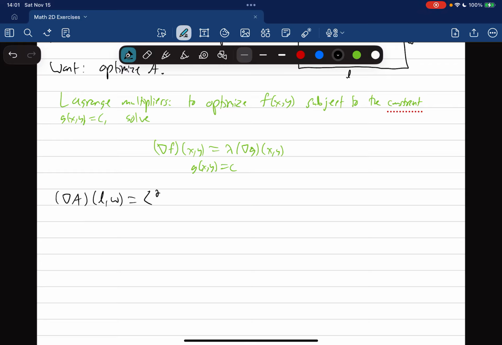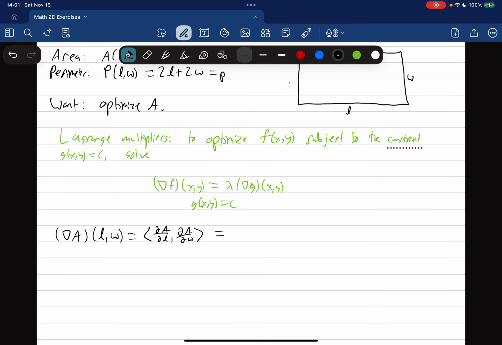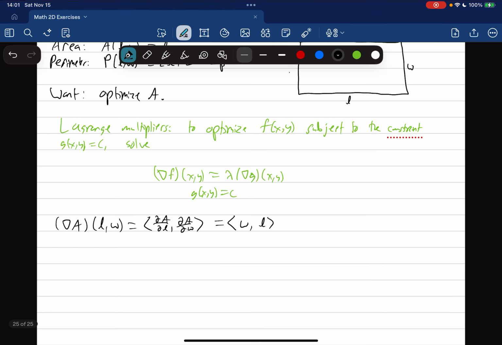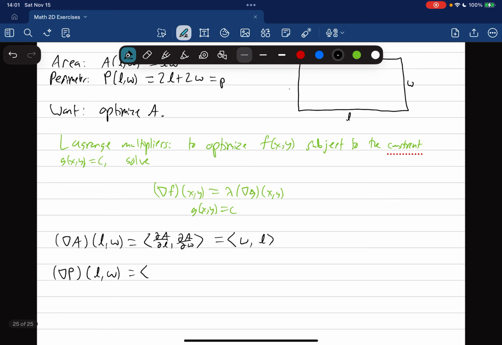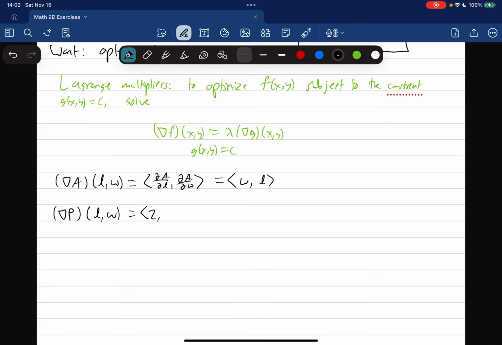This is just partial A with respect to L, and then partial A with respect to W. And this is pretty easy to calculate because it's just L times W. So partial A with respect to L is just going to be W, and likewise, the other partial derivative will just be L. Now let's compute the gradient of the perimeter. This is also straightforward. The partial derivative with respect to L is just going to be 2, and similarly for the partial derivative with respect to W.